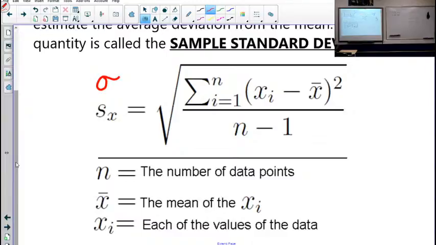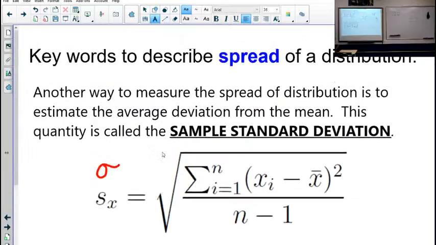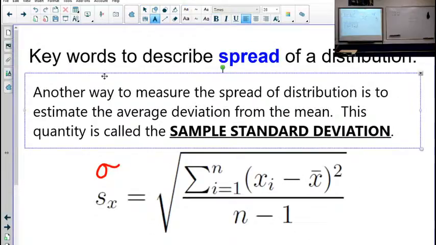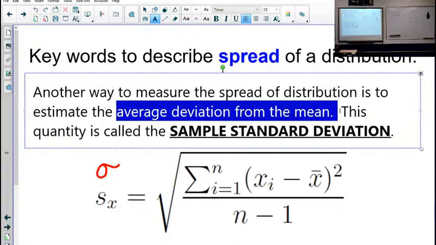We have the interpretation of standard deviation. It is the average deviation from the mean. Another way to say it, I might put the word distance in there instead: the average distance from the mean. It's basically a way of saying how far away the numbers are on average from the mean.